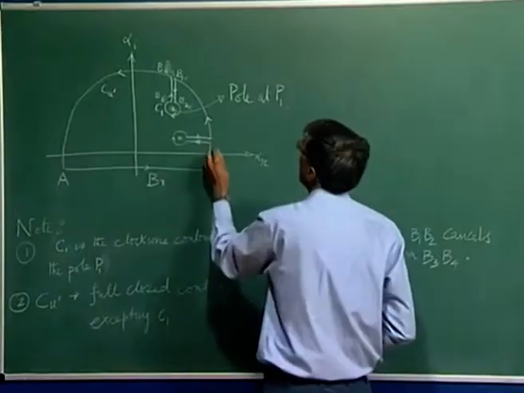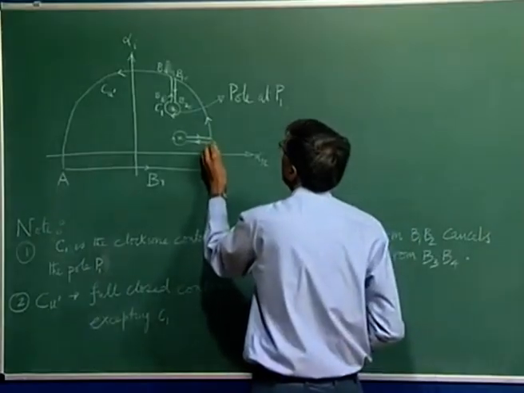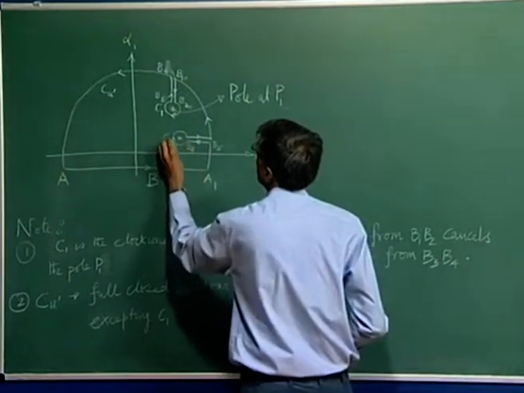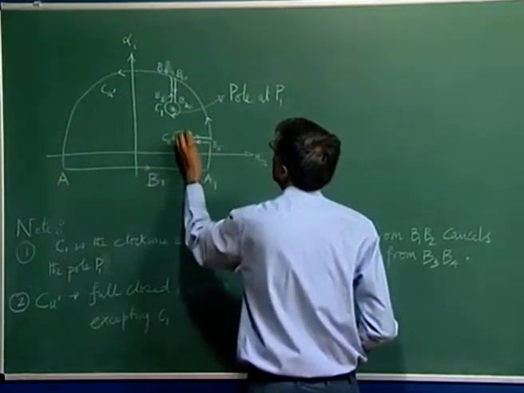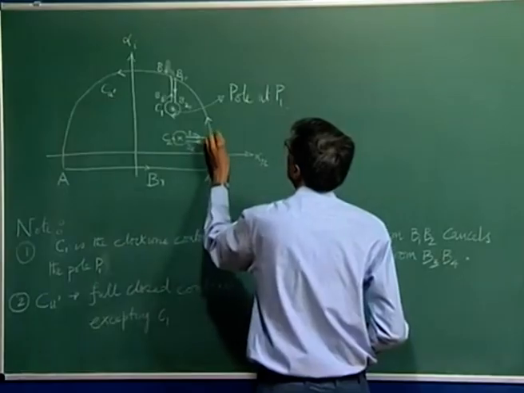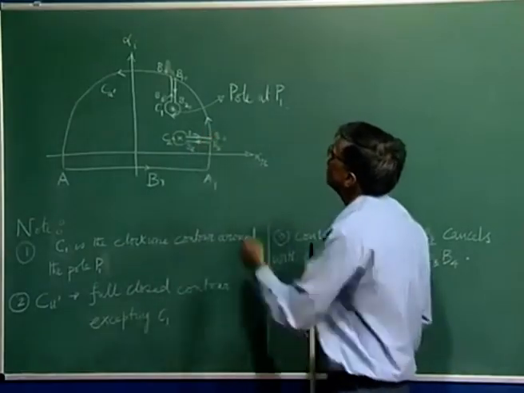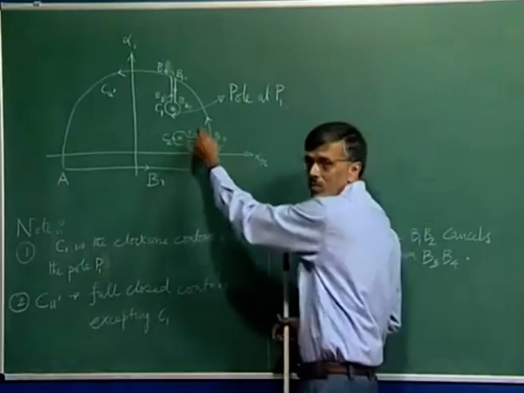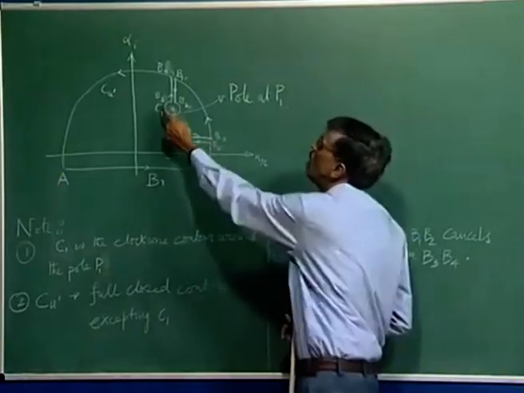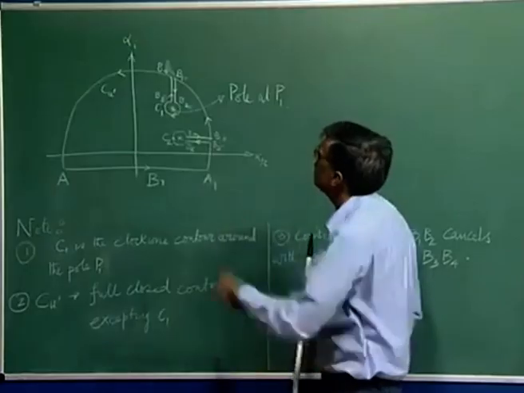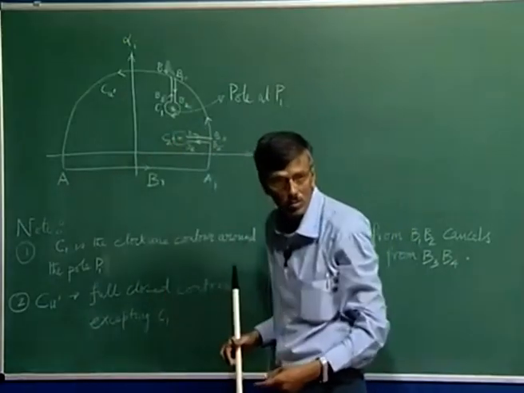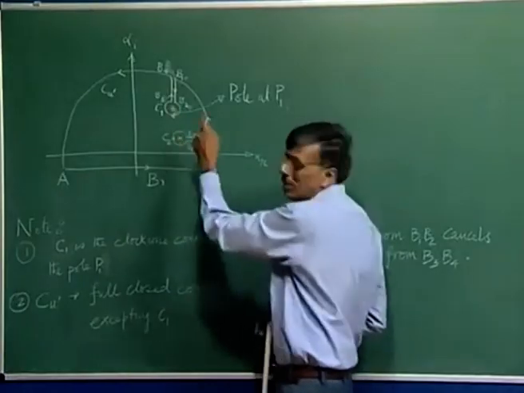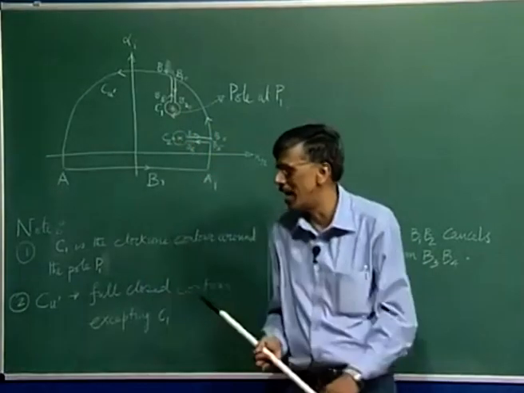So, I could call this as say B 5 and B 6, and this I could call it at C 2 and let us say B 7 and B 8, and once again you can see that B 5, B 6 and B 7, B 8 will cancel out, and this will be now this. So, then what will happen? Then rest of the contour would be given by the residue calculated at P 1 and P 2. So, you can just simply add it up.